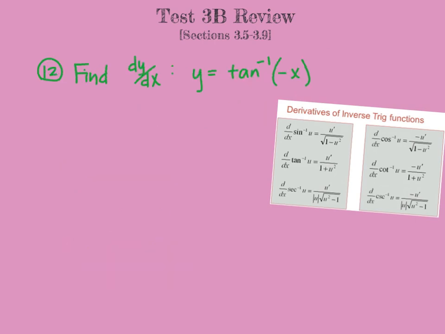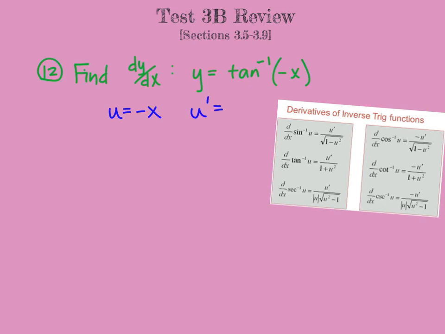For problem 12, we want to find the derivative of the inverse tangent of negative 1x. So using our rule for the derivative of the inverse tangent of u, it's u prime over 1 plus u squared. If we identify what u is, what we're taking the inverse tangent of, it's negative 1x.